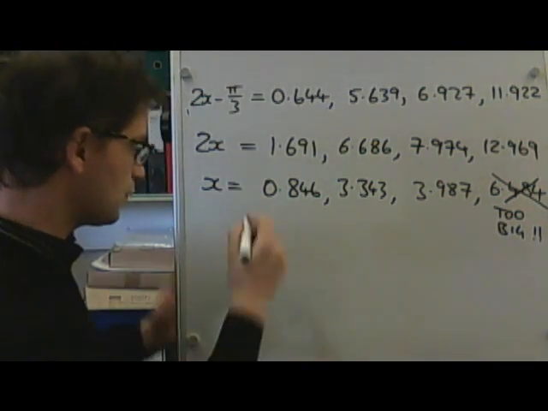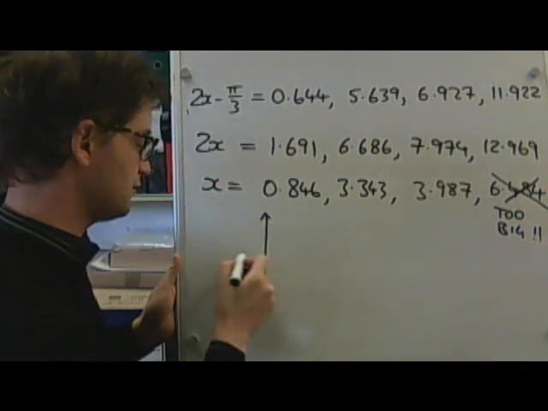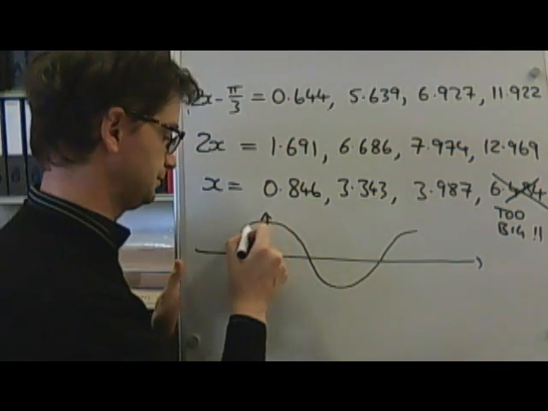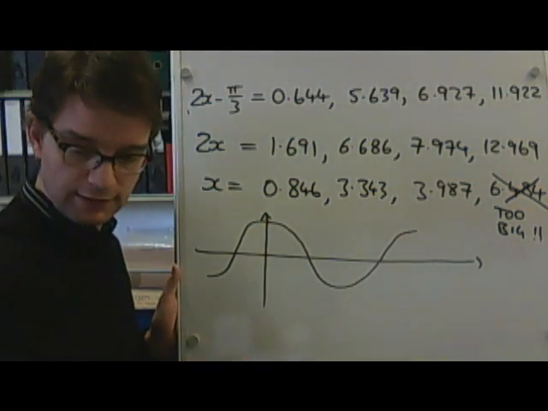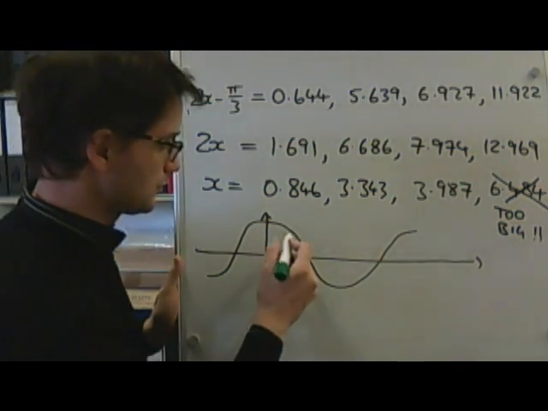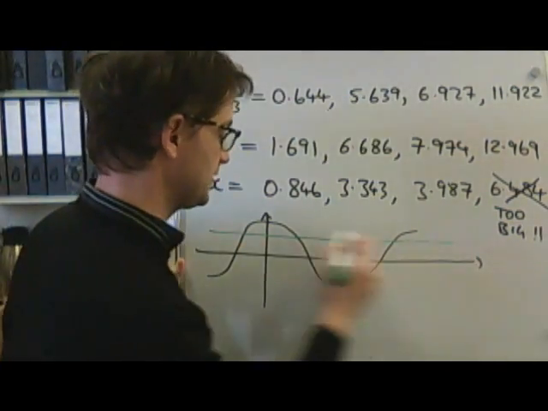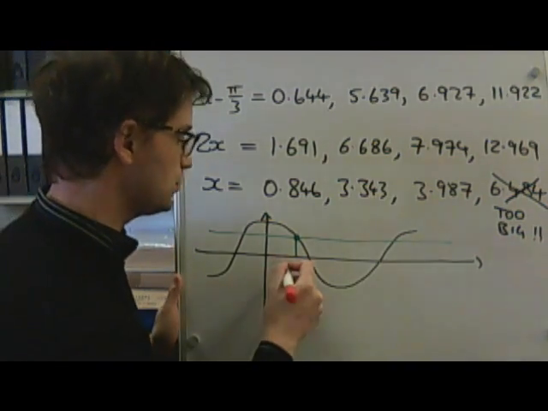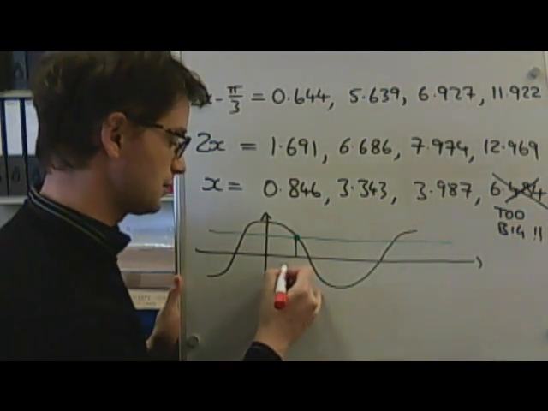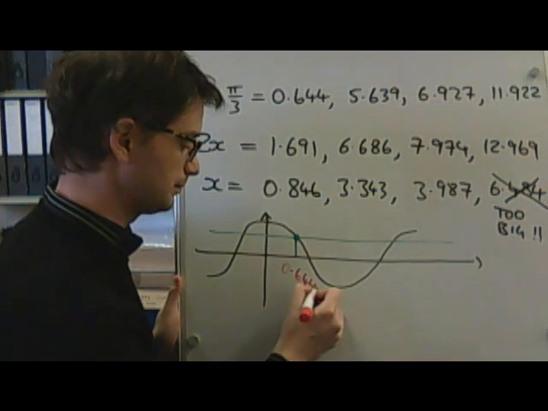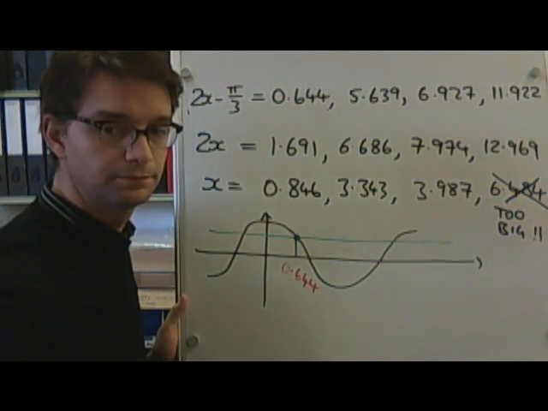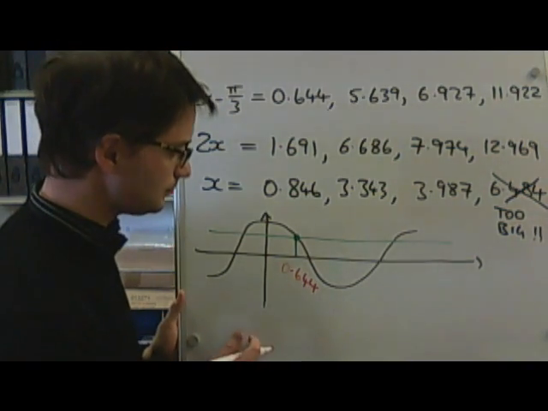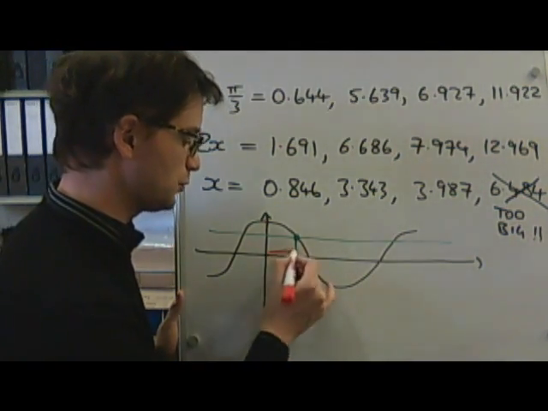What do I mean? Well, what I mean is, when I drew the cos curve, I started off with it like this. And the first solution I found, we were going across here, and the first solution we found for 2x minus pi by 3 was 0.644. So this distance was 0.644.